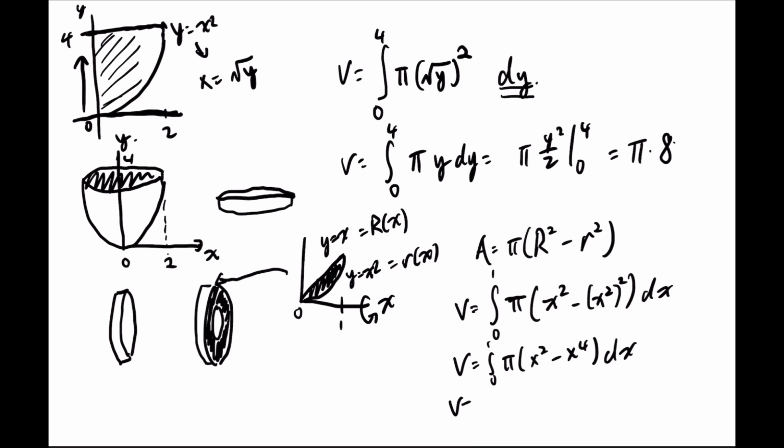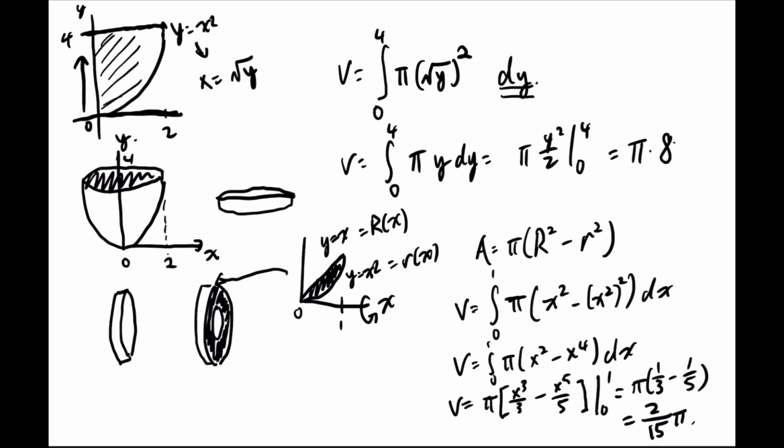And again, using reverse power rule, you'd get x cubed over 3 minus x to the 5th over 5 evaluated from 0 to 1, which is pi times 1/3 minus 1/5, which would be equal to, what would that be? 2 over 15 pi.